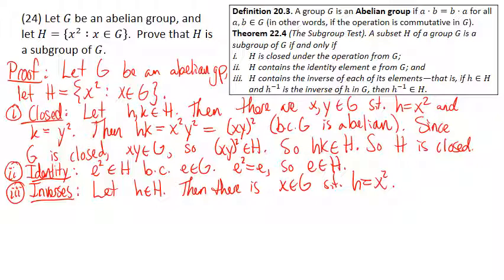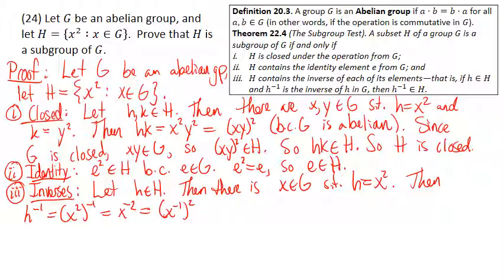Okay, then h inverse would be x squared inverse. So that would be, remember, you can use rules of exponents on a single element, you just cannot use them on more than one element at a time unless the group is abelian, although in this case it is abelian, so I guess it doesn't really matter. But anyway, this is going to be x to the negative 2, and that is the same as x to the negative 1 squared.